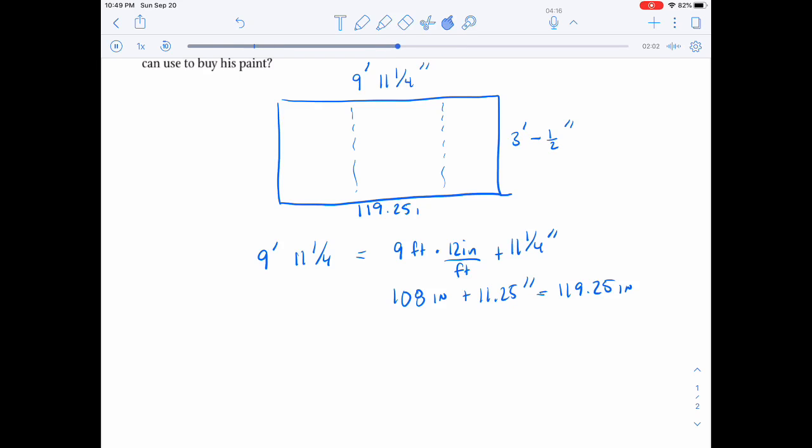So let's go ahead and put that dimension here along the bottom length, 119.25 inches. And our width was 3 feet minus a ½ an inch. So let's convert that 3 feet to inches.